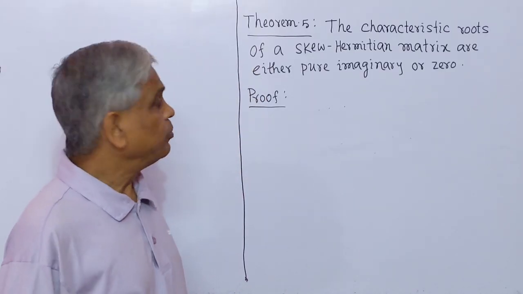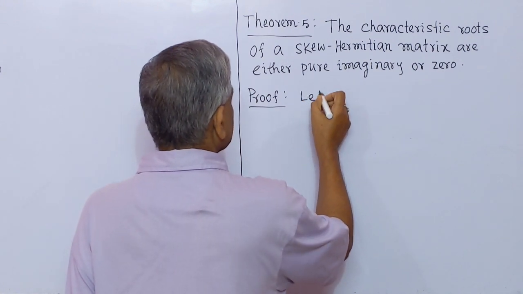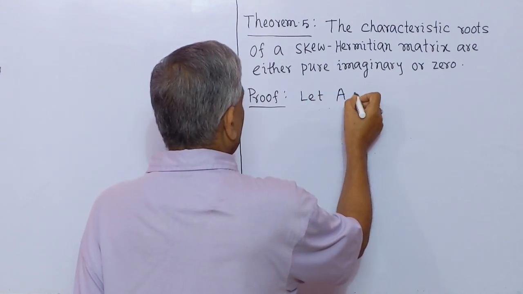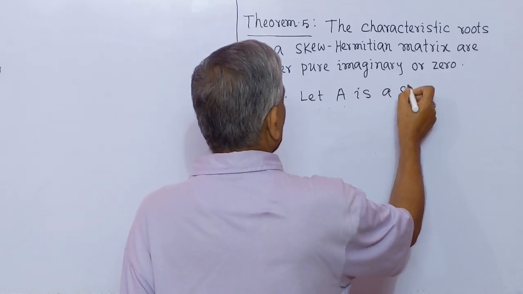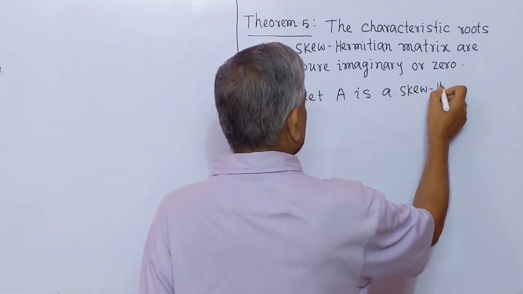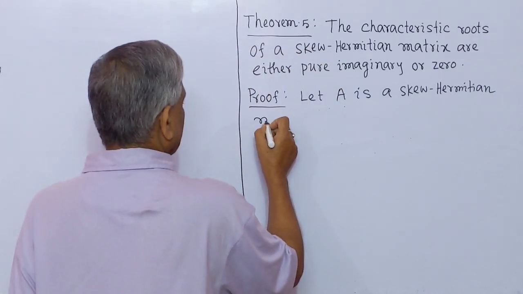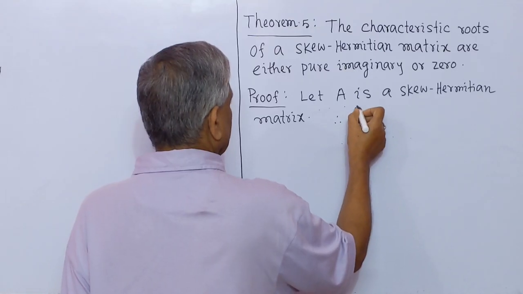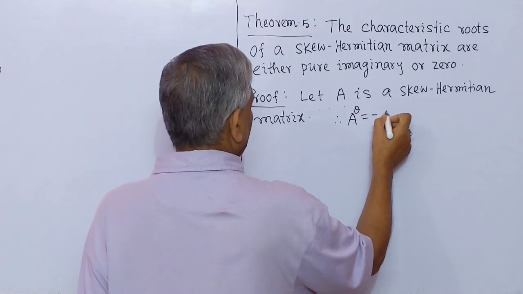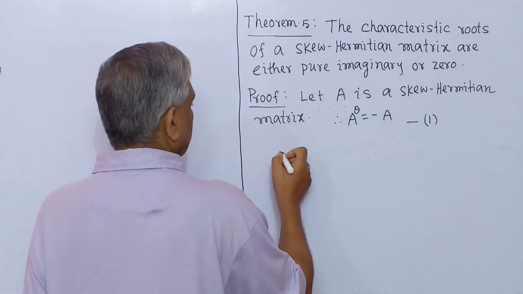Now we prove this. Let A be a Skew-Hermitian matrix. Therefore, A^θ = -A. This is number 1.